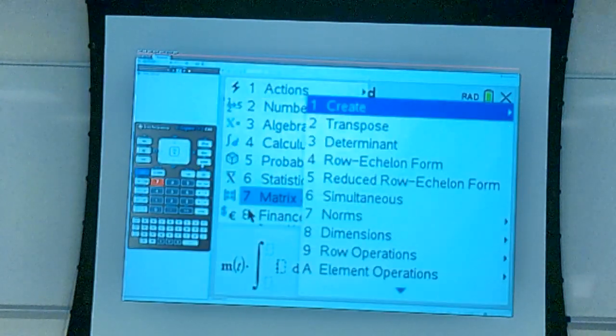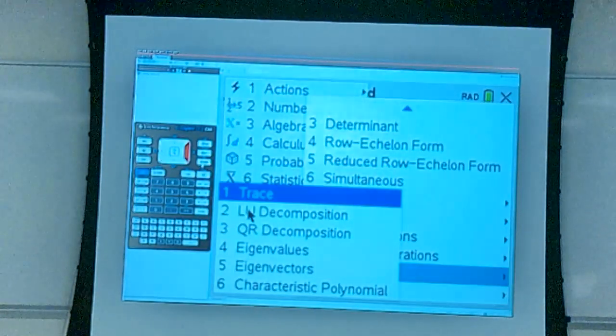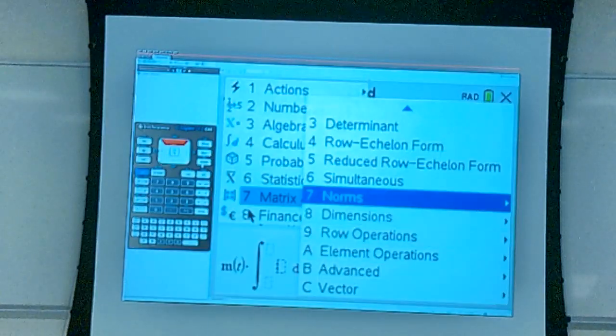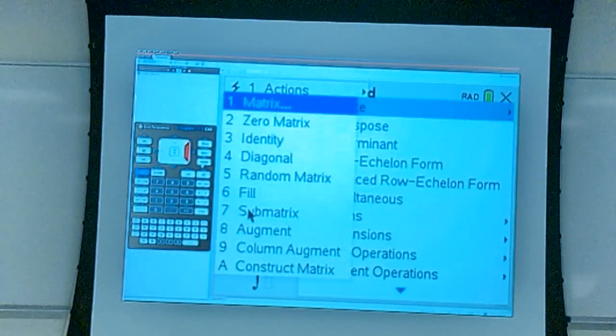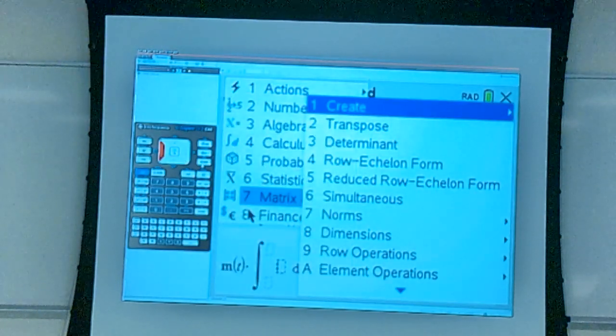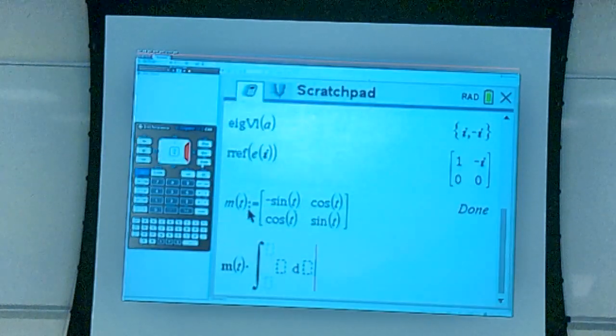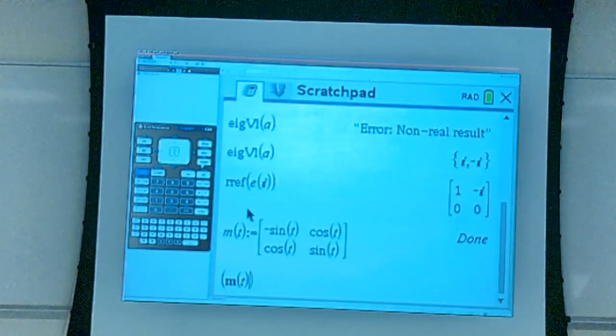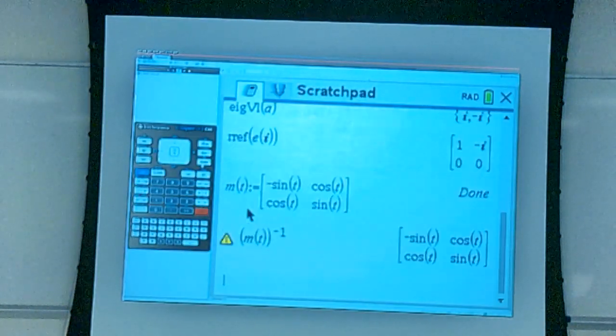Right, so let's go menu, matrix. Try something. Yes, that is the correct inverse.